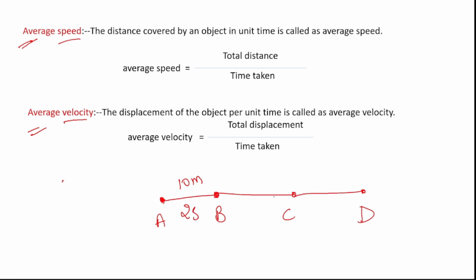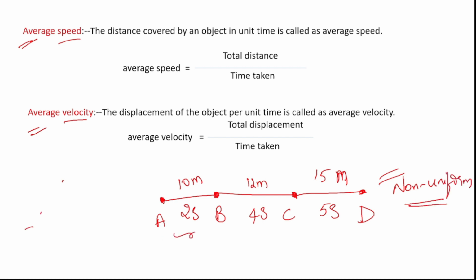Again, from B to C it is traveling another 12 meters in 4 seconds, and from C to D it is again traveling 15 meters in another 5 seconds. So, in this situation, are the distances the car is traveling the same, or are the time intervals the same? No, right? So, the car is traveling with unequal distances and unequal time intervals. So, this is a non-uniform motion, right?